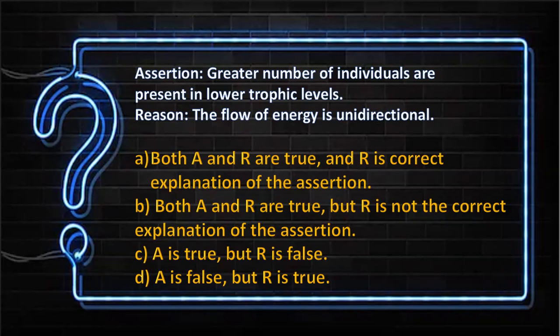Exactly. Next we have to check whether it is the correct explanation or not, right? The first statement is correct and the second statement is correct, but the reason does not suit the assertion given there. So the reason is not a correct explanation of the assertion.